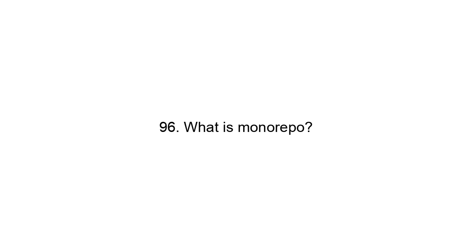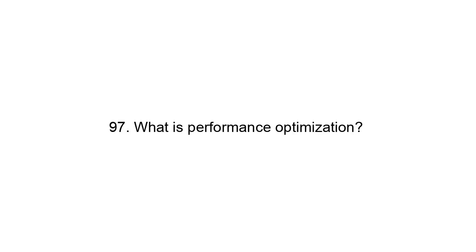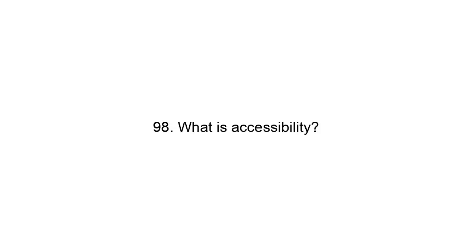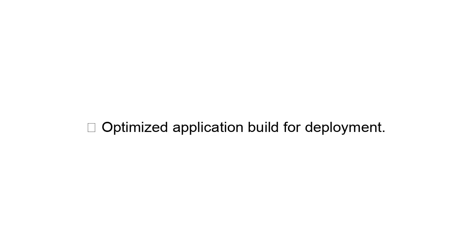What is monorepo? Multiple projects in one repository. 97. What is performance optimization? Lazy loading, OnPush strategy, trackBy, tree shaking. 98. What is accessibility? Building apps usable by everyone. 99. What is production build? Optimized application build for deployment.